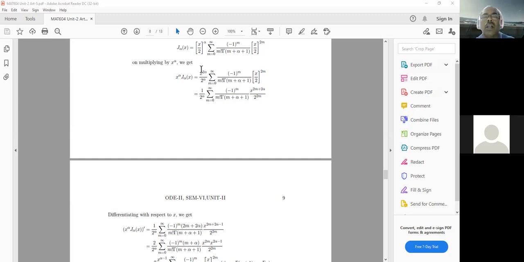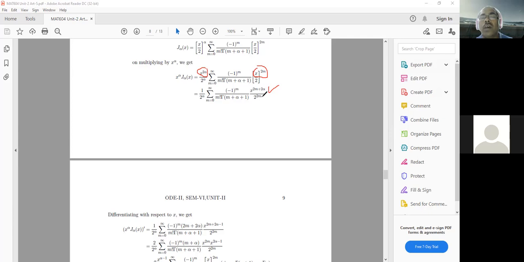Now we can take this x to the power 2 alpha inside the summation, and therefore this x to the power 2m into x to the power 2 alpha. By laws of indices, this is x to the power 2m plus 2 alpha, and 2 to the power alpha into 2 to the power 2m. So that is 2 to the power 2m plus alpha.